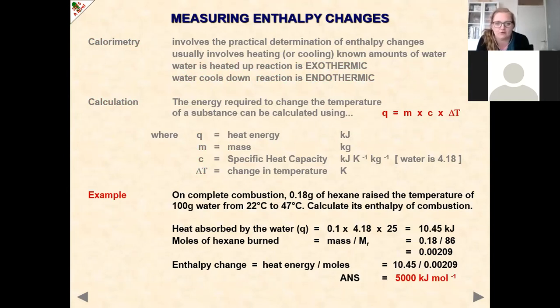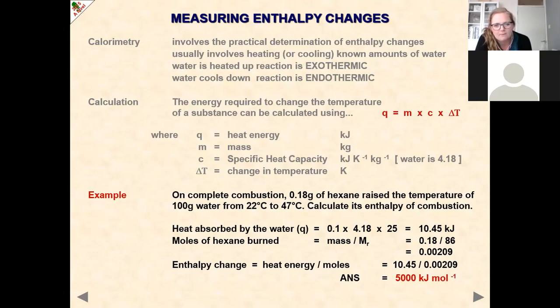Okay, so our enthalpy of combustion is from Q. We want to work out the heat absorbed by the water, Q. So we're going to do 0.1. 0.1 comes from our water, because our water mass is 100 grams, 0.1 kilograms.